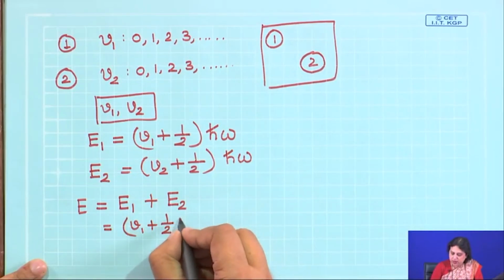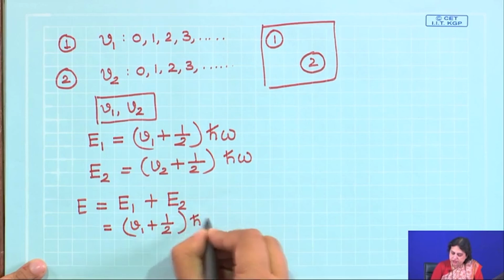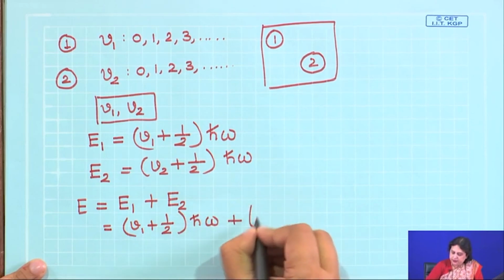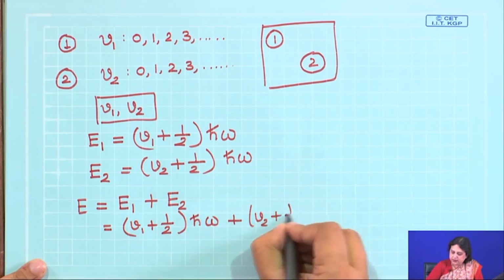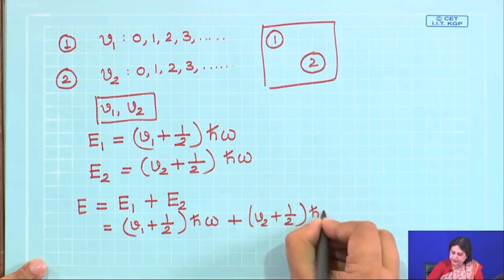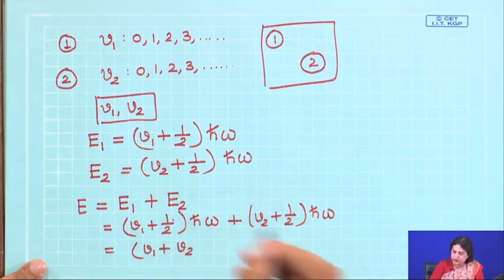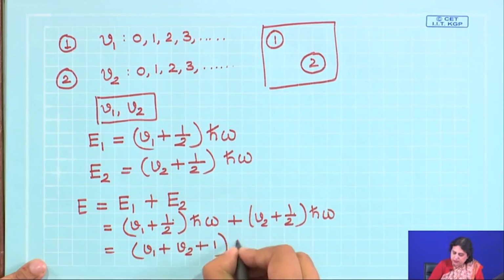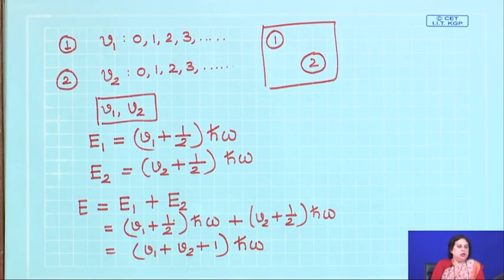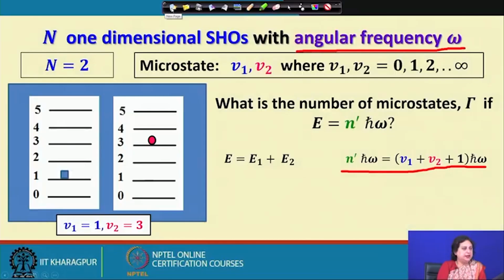So, this is (V1 plus half) h cross omega plus (V2 plus half) h cross omega, and this will give you V1 plus V2, then the two halves will make 1, into h cross omega. Okay. So, that is how we have arrived at the relationship that I have shown you here.